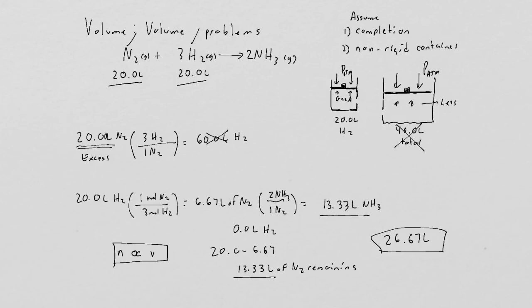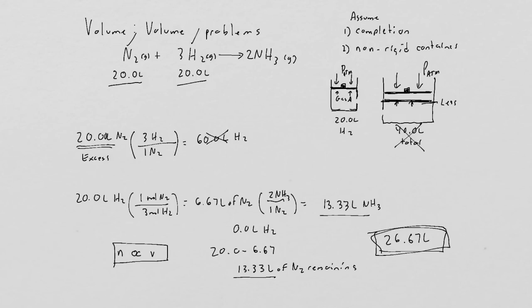The piston is literally going to move down until the pressures are once again equal. When will they be equal? Well, when the molecules are in a smaller amount of space. At that point, they'll reach equilibrium again, and when they do, there will be 26.67 liters of gas in the container.